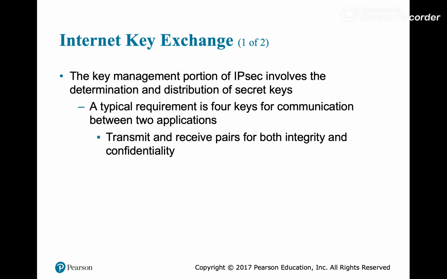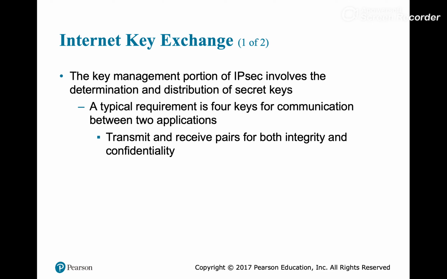As I told you, if between two hosts we want both-way secure communication, which is not only encrypted but also authenticated, you will need how many security associations? 4. And for each security association you will need one key.